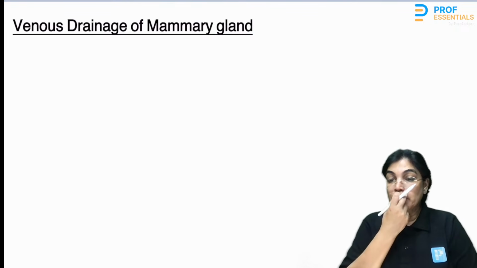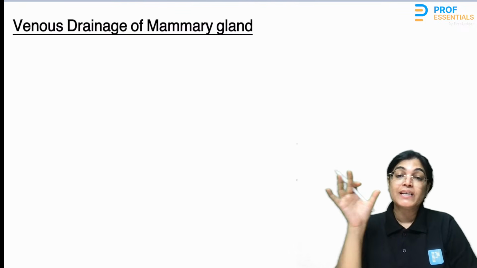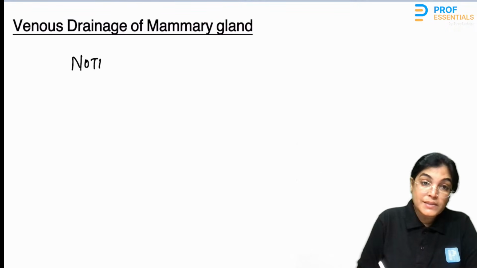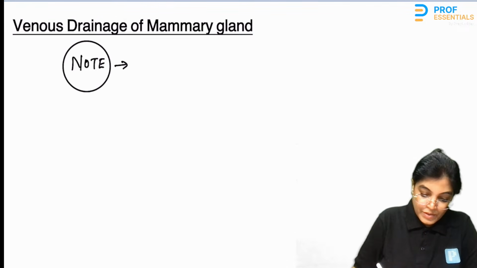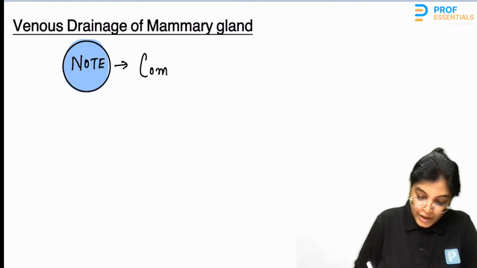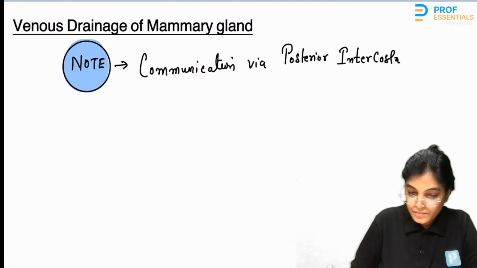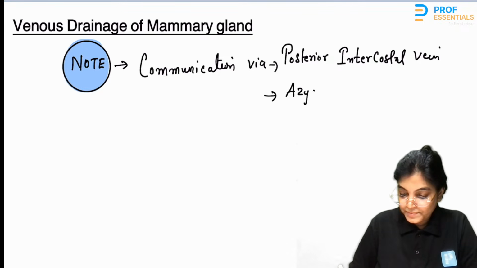I have also given you the flow chart by which malignant cells metastasize from the posterior intercostal vein and reach the brain, which we have done. So one of the note points, a very important note point, is communication via posterior intercostal vein, azygous vein.